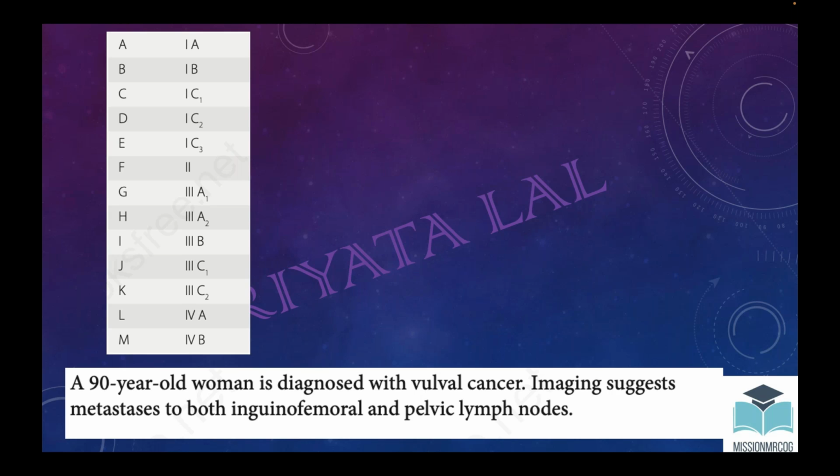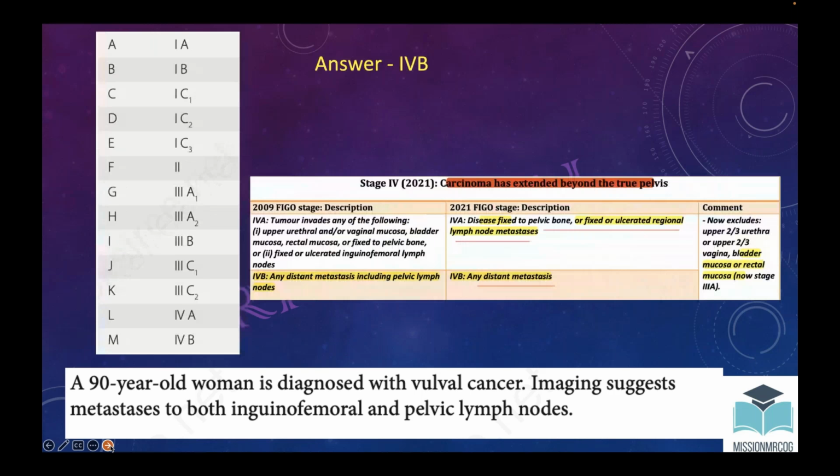Think again. 3B, ma'am. 4B. Pelvic lymph nodes, these are internal iliac, obturator, all these are the pelvic lymph nodes. So it is distant spread.